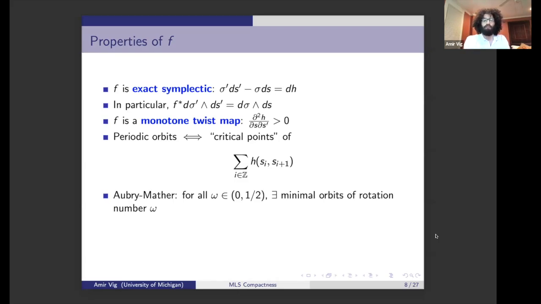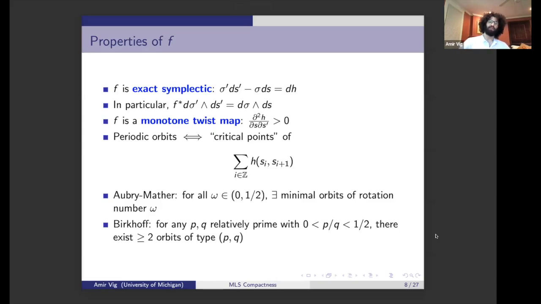So there always exists at least one minimal orbit having that rotation number. A theorem of Birkhoff says that if you have 2 integers which are relatively prime, so this corresponds to a rational rotation number, then there are always at least 2 orbits of that type. So Aubry-Mather says that there's always a minimal orbit of any rotation number, and Birkhoff says that if it's rational, there are at least 2. Okay.